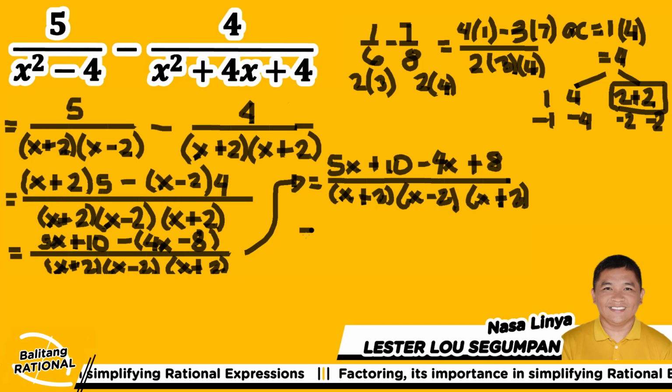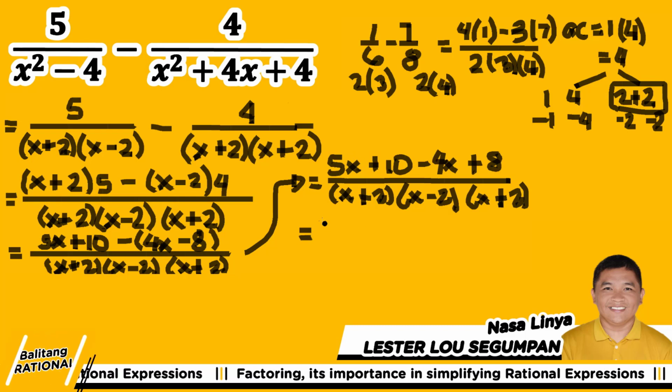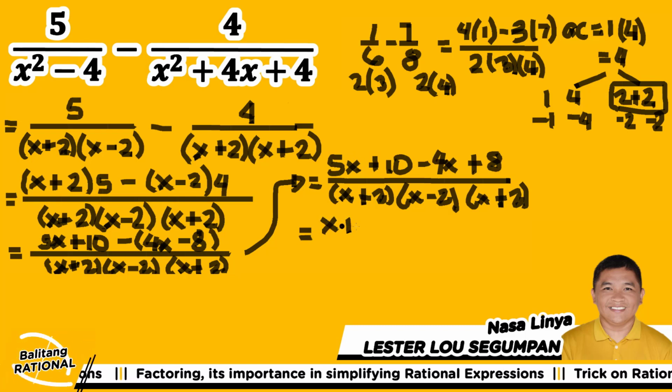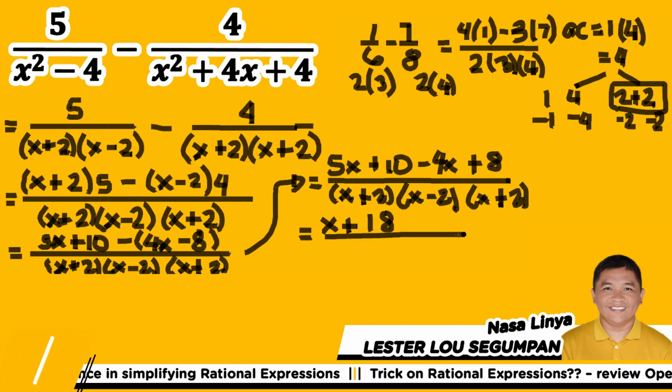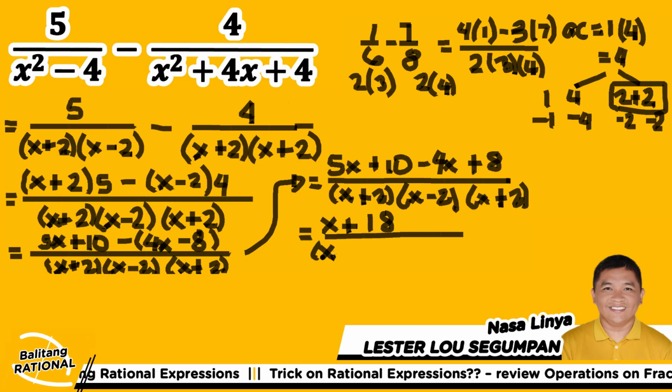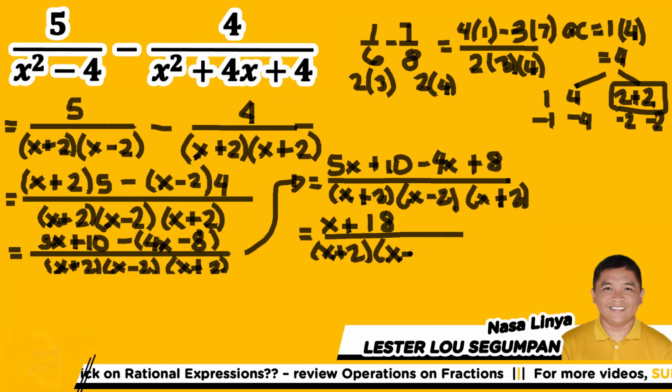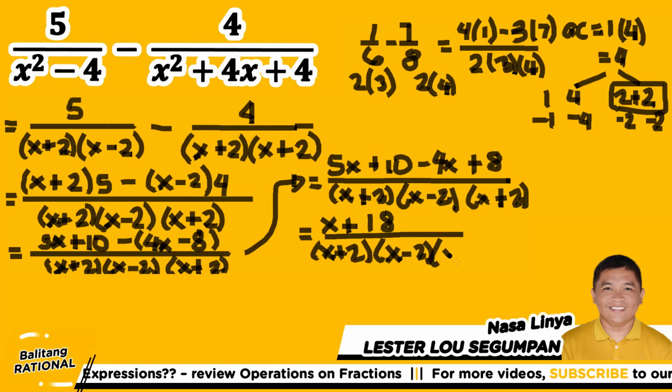Now, combining our numerator, 5x minus 4x is x, plus 10 plus 8 is 18. All over pa rin, the same denominator. X plus 2, you have x minus 2, and another x plus 2.